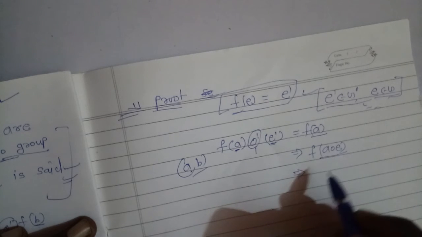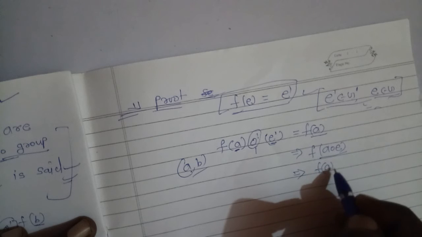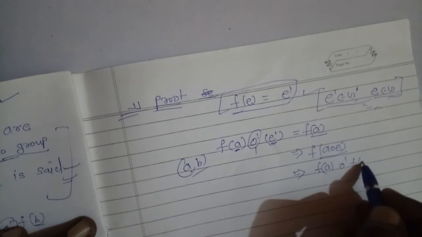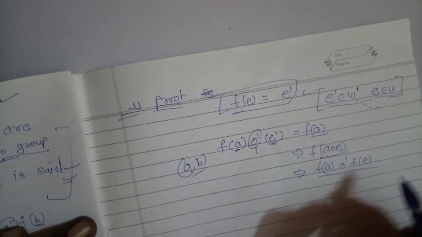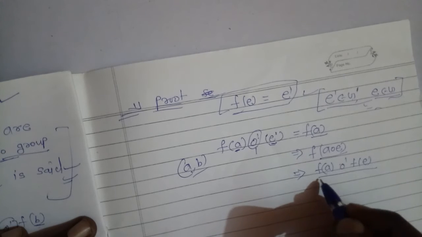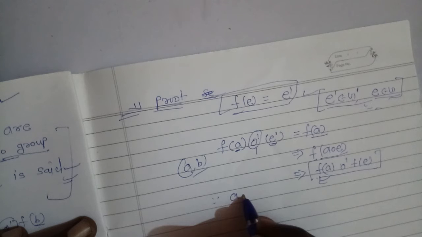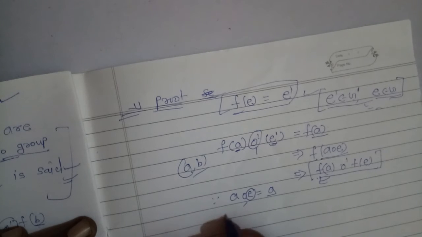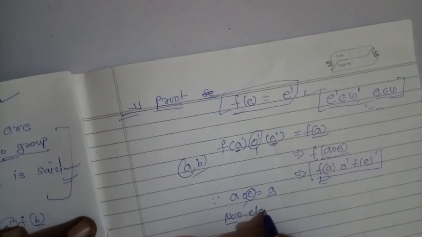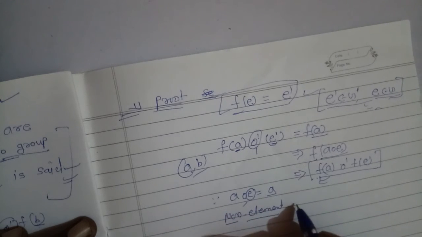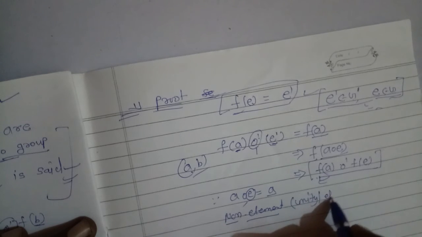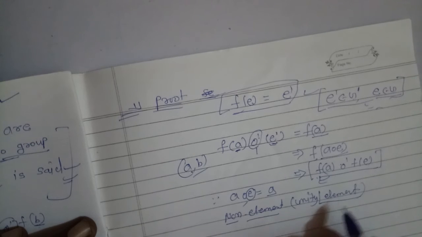We can write this because we know that a o e equals a, because e is the unity element.